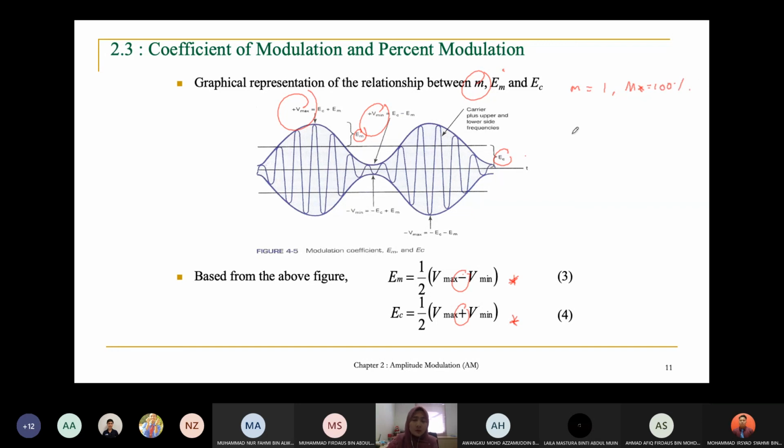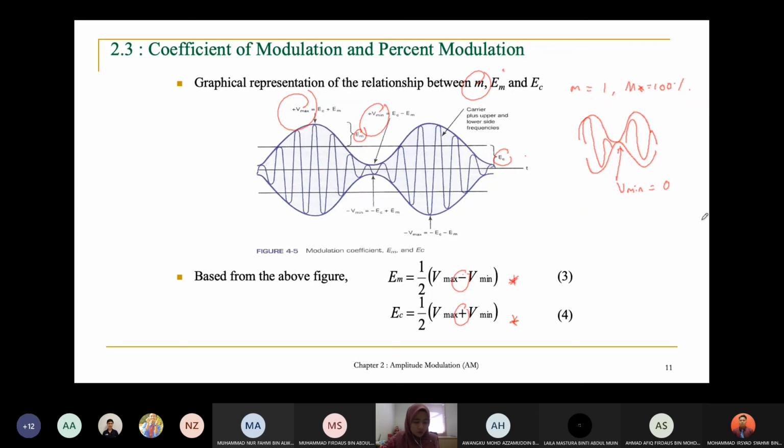If you have 100% modulation, M equal to 1, you must draw your AM envelope like this, and you will get the Vmin here equal to 0.